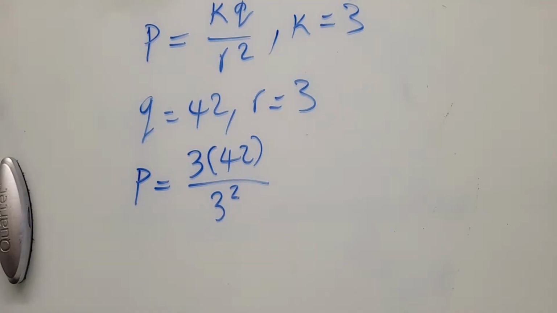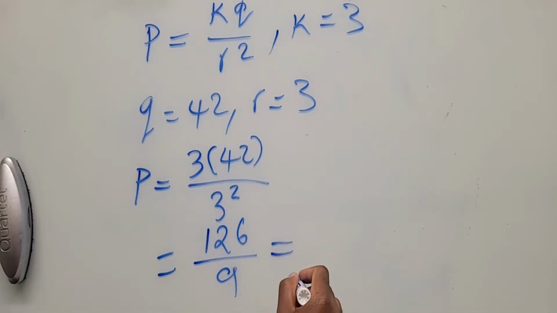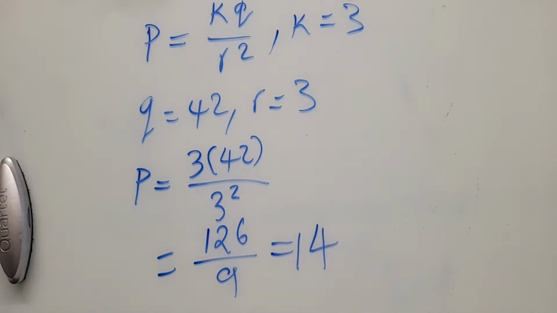So 3 squared, which is just 9. So let us go ahead and do the simplification. So 3 multiplied by 42, remember this is paper 1, so you're not using a calculator. It is just 126. Then everything divided by 9. 126 divided by 9 is 14. So the value of P in that case is just 14.